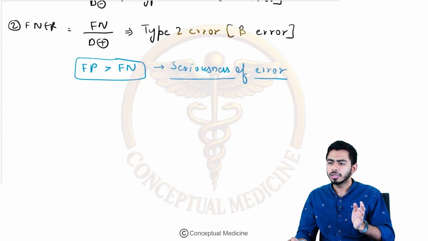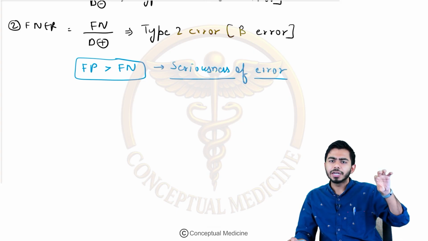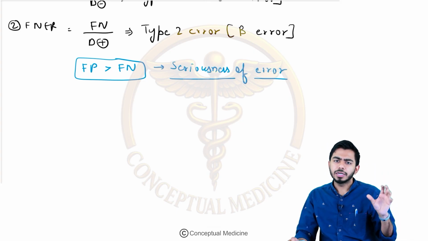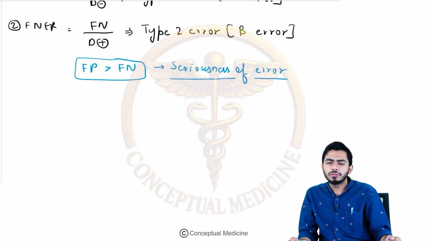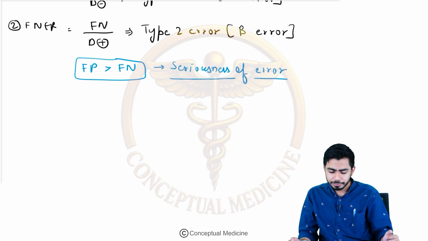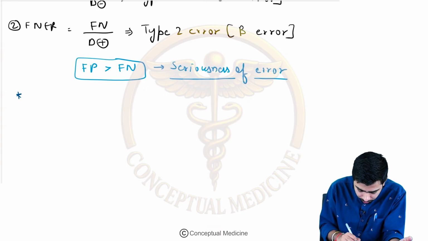You are not ordering bigger tests like colonoscopy or endoscopy directly. First we go for the USG whole abdomen, then we get the bigger picture in our mind, and accordingly we go for the investigation of choice or further diagnostic test, right?